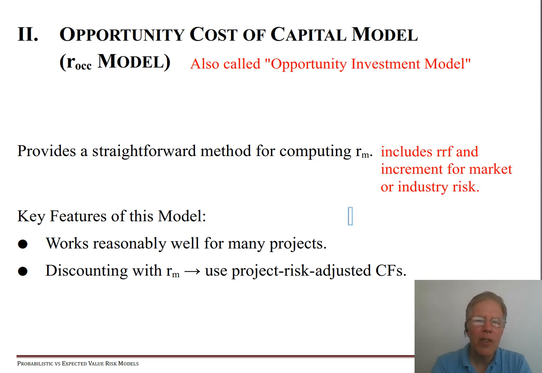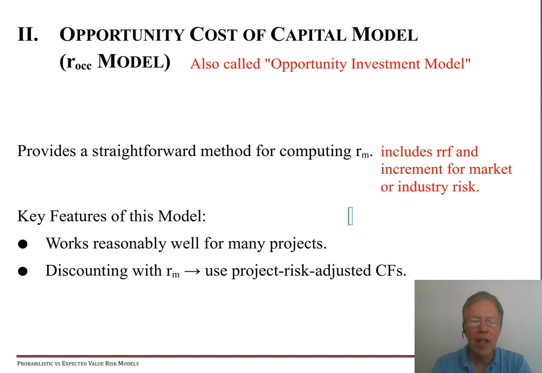Okay, great features of the opportunity cost of capital market model are that it works really well. It's easy to adapt to a lot of different projects in real estate and elsewhere. And also, once we extract RM from this model, that means, as we learned when we looked into our simple linear risk model, we can use our project risk-adjusted cash flows to discount, okay?